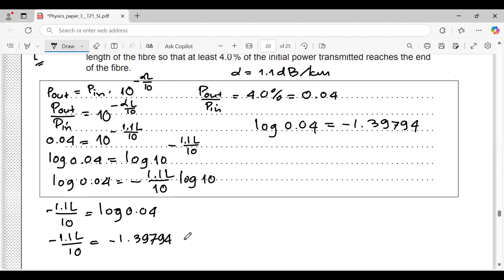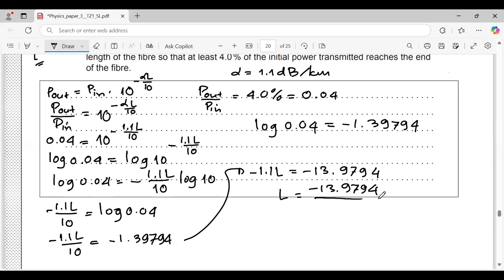So we can arrange this equation: minus 1.1 L equals 10 multiplied by this number, which becomes minus 13.9794. So it means L equals minus 13.9794 over minus 1.1. And if you calculate, the result is 12.7085, rounded to 13. And the unit is kilometers.